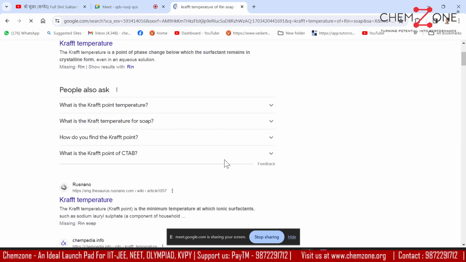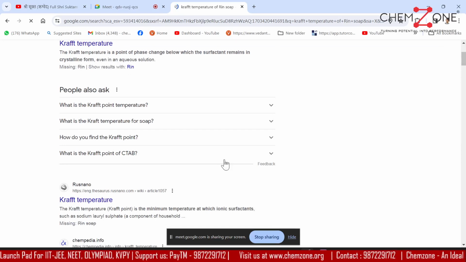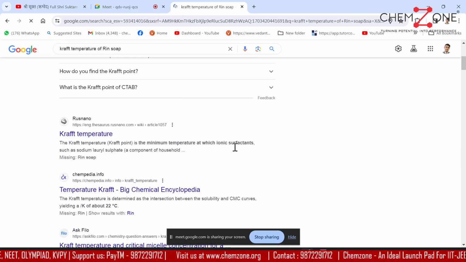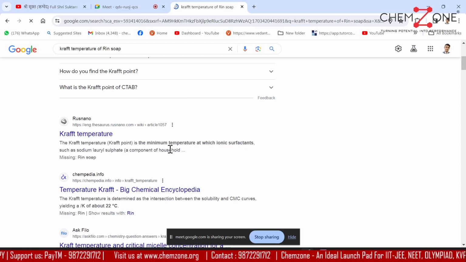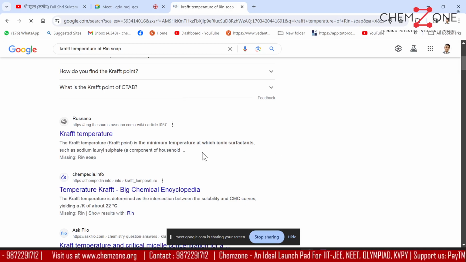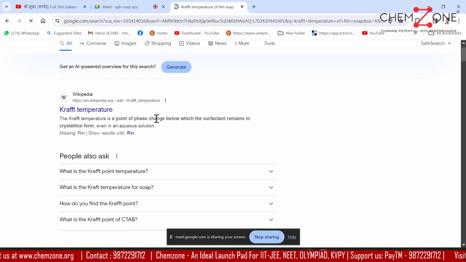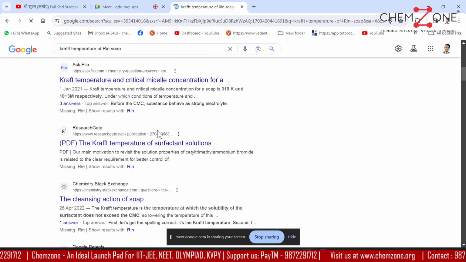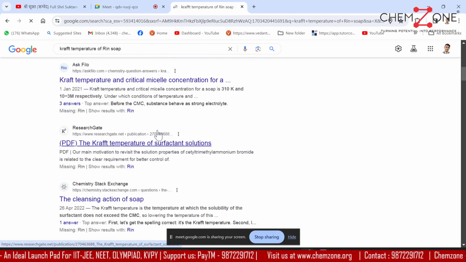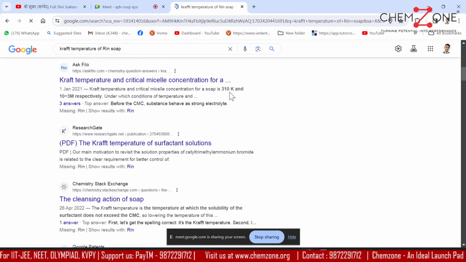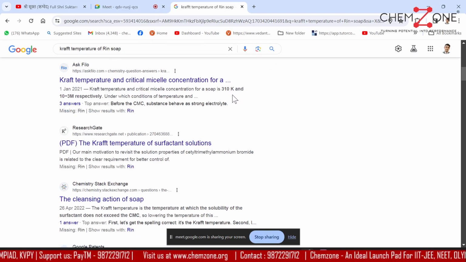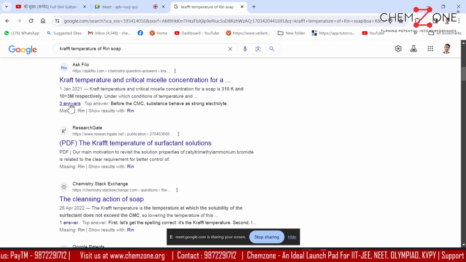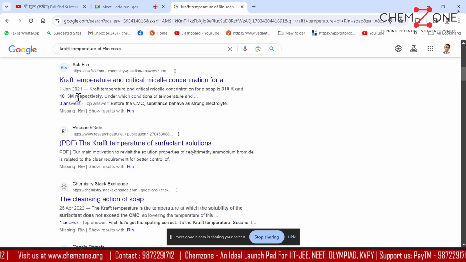But the definition is very clear. It is the minimum temperature at which the ionic surfactant forms a micelle. The Kraft temperature for the soap is 310, and CMC is 10 to the power minus 3 molar.